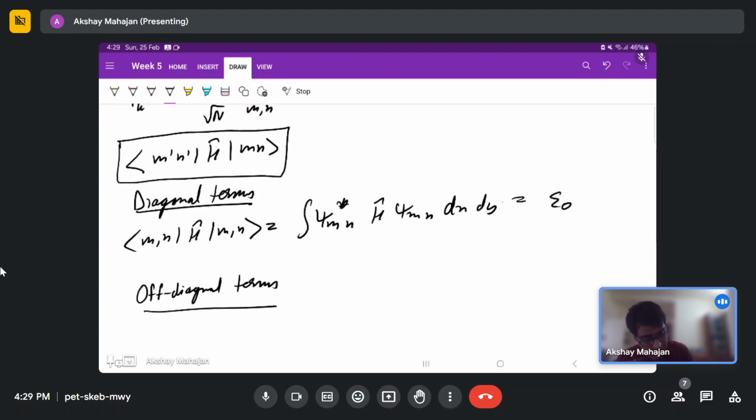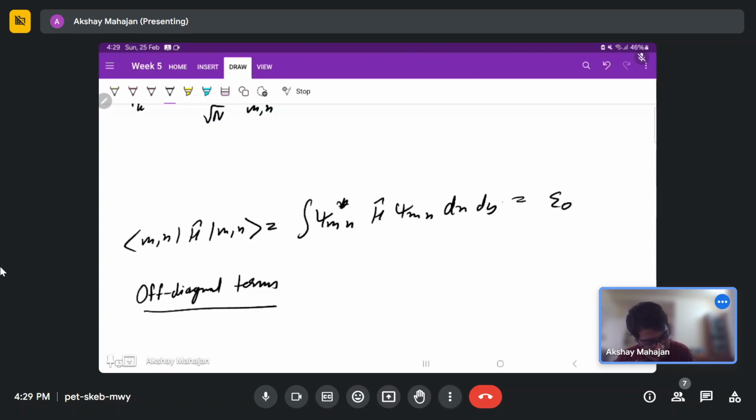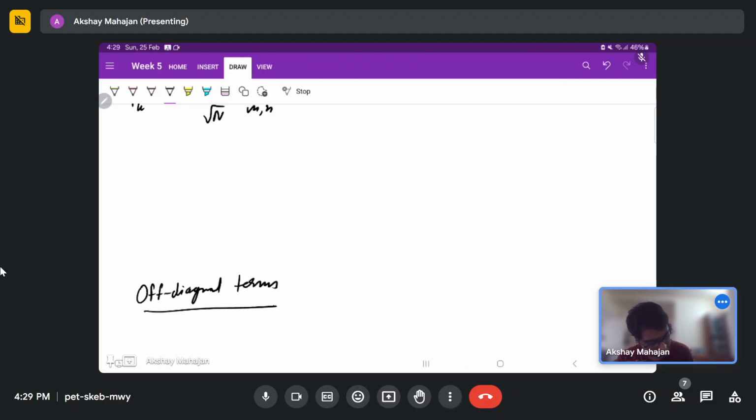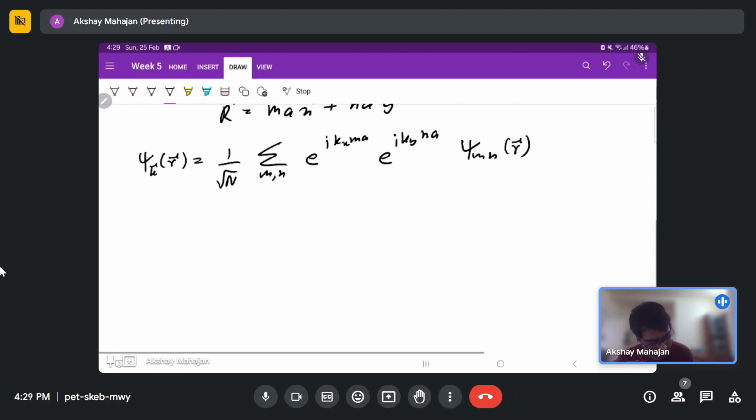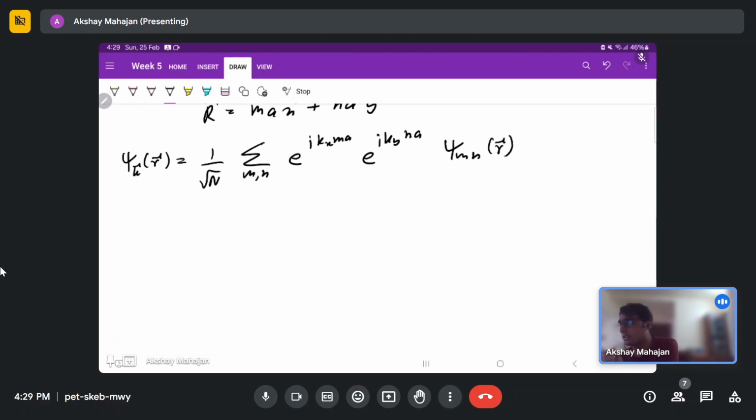But let me not write it in this form, because that will just get confusing. Sorry about that, because if we go into 3D, then it will be like higher dimensional matrices. So let us skip to this term, and let me not write it like this.